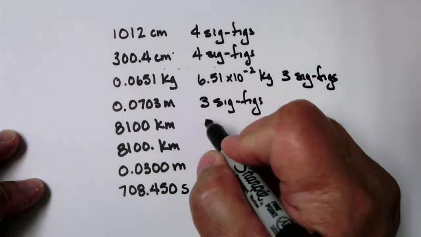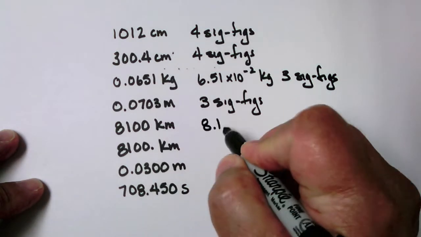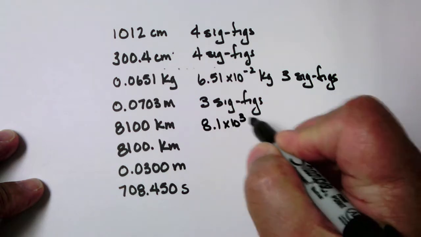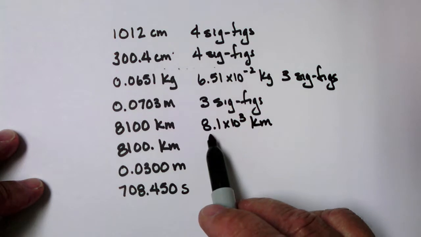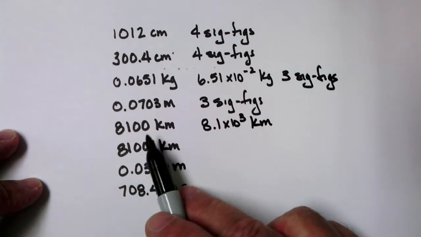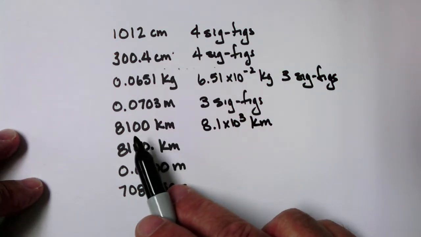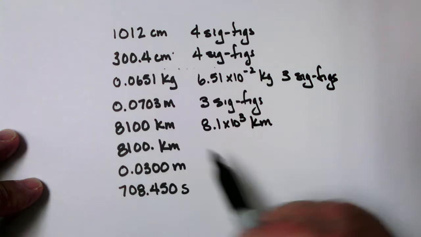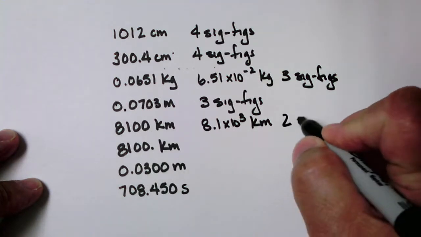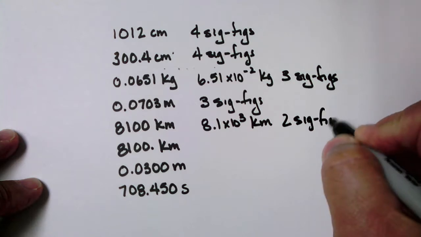We could write this as 8.1 times 10 to the third kilometers, and that would express the number to the same precision that we've written here. Trailing zeros, when there's no explicit decimal point written into the number, those zeros are not significant. And so here we only have 2 sig figs.